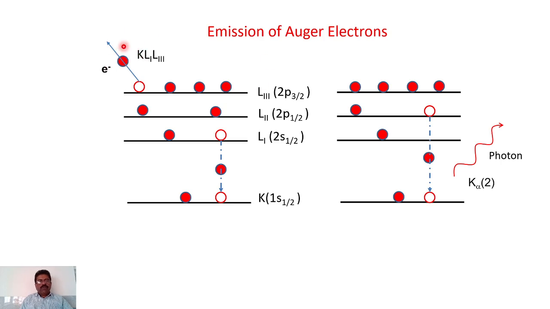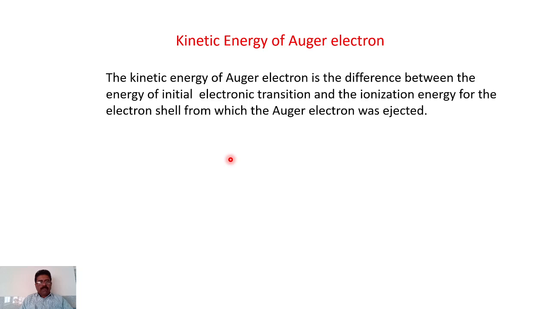The remaining energy will be the kinetic energy. So indirectly you can say that the kinetic energy of the Auger electron also represents some characteristic of the energies involved in an atom, either the energy levels or the binding energies of the electrons in the atom.